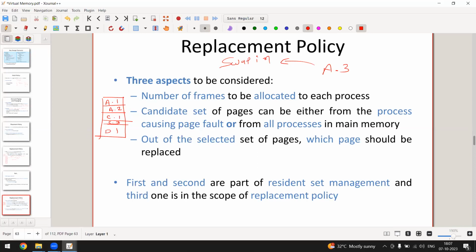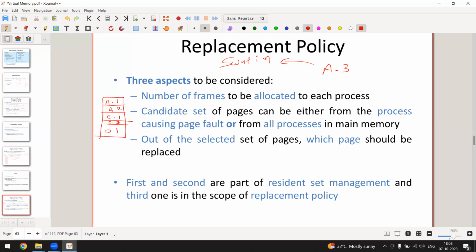Then you can argue that D is not causing any problem to the system, so why should D be swapped out? That is the decision: whether you will swap out a page from the process which is generating a page fault, or you can select any other process.